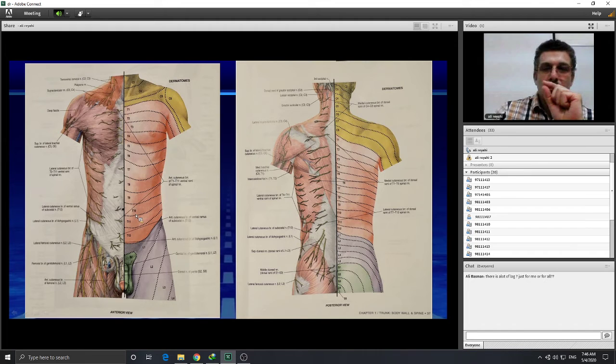Okay, T10. You must consider these differences for innervating the parts of the body.